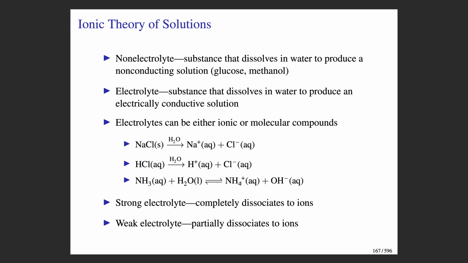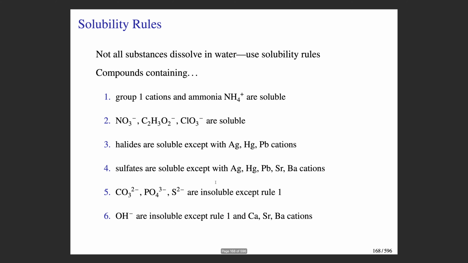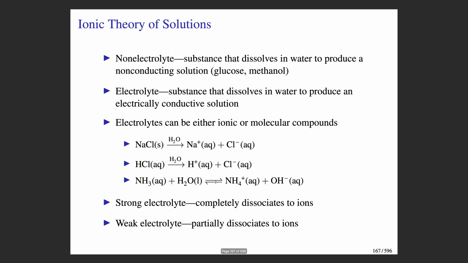So this reaction occurs to some extent in the forward direction, but it doesn't go 100% to the ions. There's a significant amount of back reaction, and so we use the double-sided arrow. Okay, so we use one-directional arrows for the dissolution of strong electrolytes, and we use these bidirectional arrows for the dissolution of weak electrolytes.